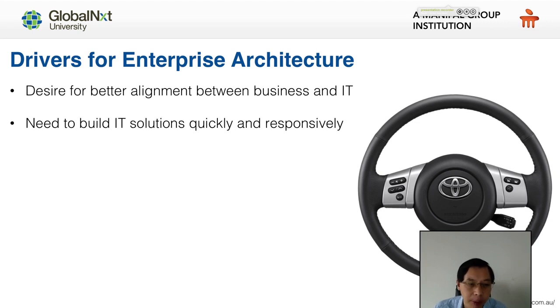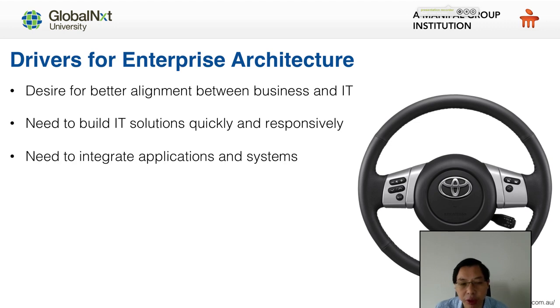So there's a need to build IT solutions very quickly and responsively. The need to integrate applications and systems together. I've talked about enterprise business requirements and how these span across multiple business units and multiple systems. So now there's a need for more integrated views of data and information, and that's a key driver.